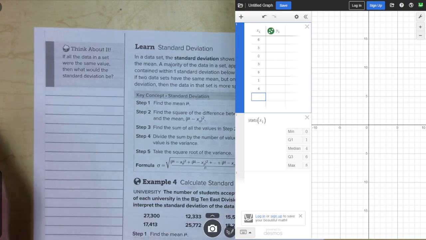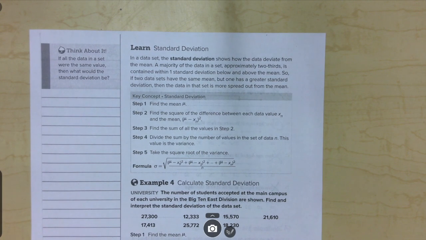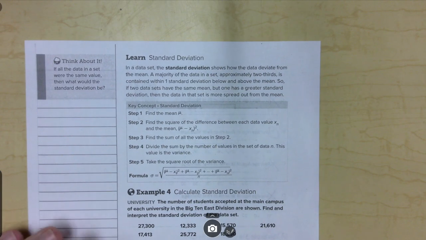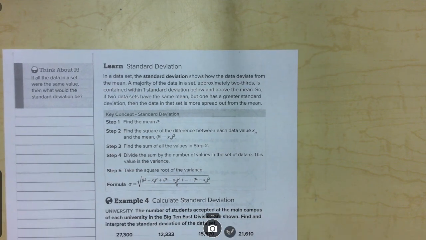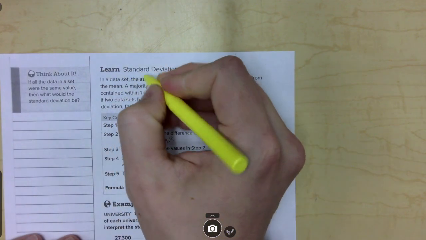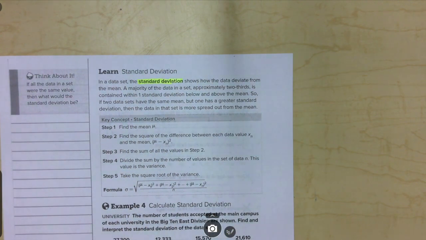Standard deviation. All right, this is another one that Desmos can help us with. All we have to do is pull up the 5-number summary. We type standard deviation into Desmos and it'll calculate it. In a data set, the standard deviation shows how the data deviates from the mean.